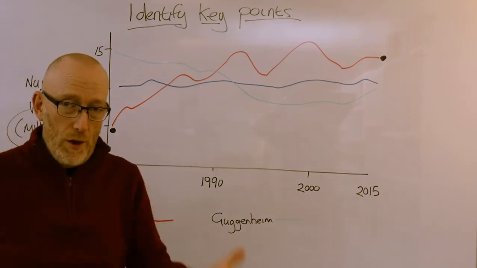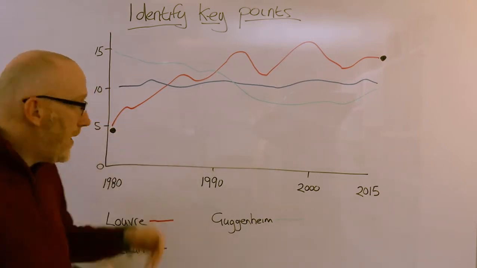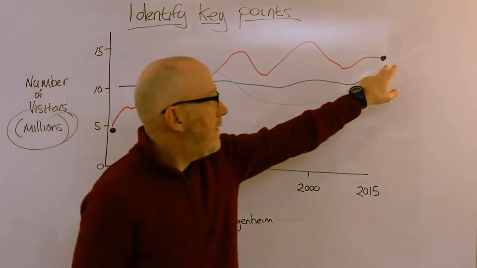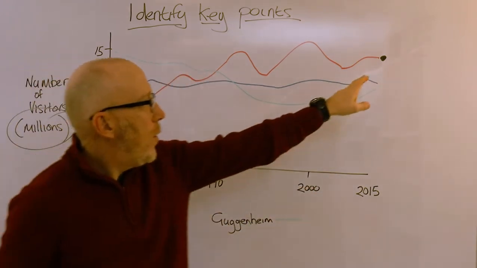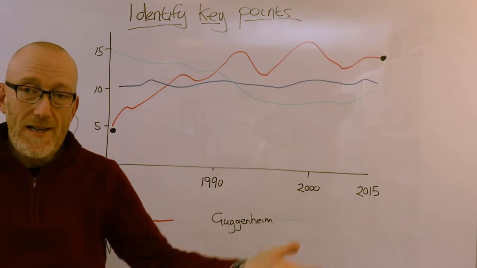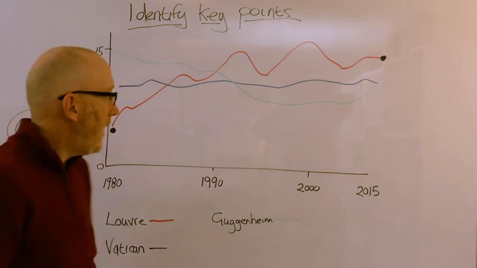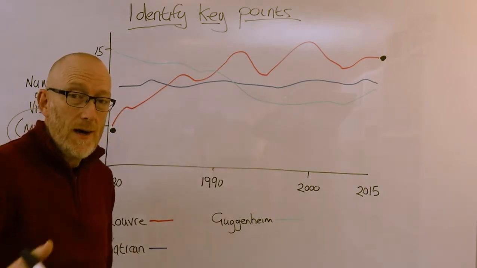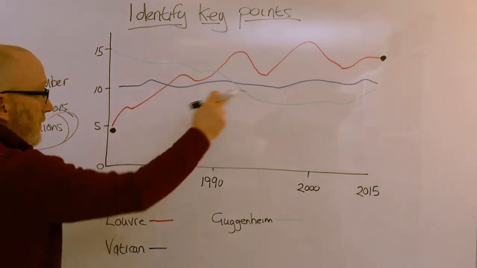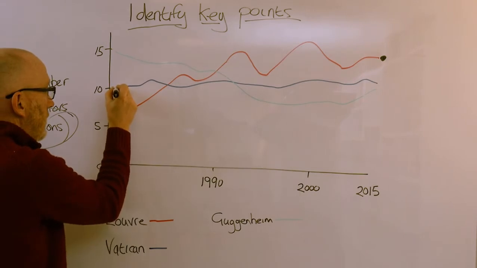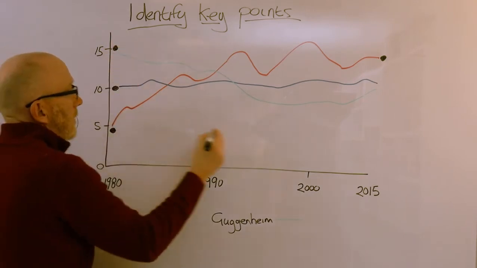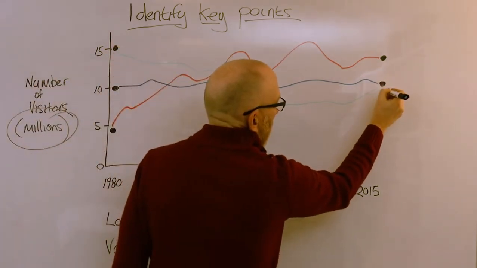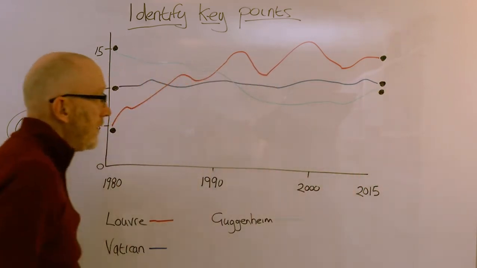You may just have one line, you may have more than 3, but the beginnings and the ends, where something starts, where something finishes, you can identify as being key points. It starts here, it finishes here, and that is something that you can describe in your writing. So you could do that for every single one of these lines. The start and finish points.